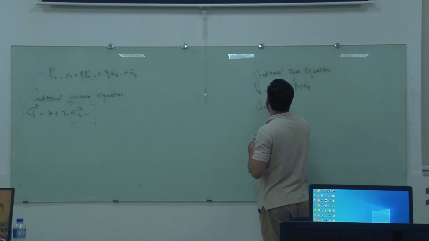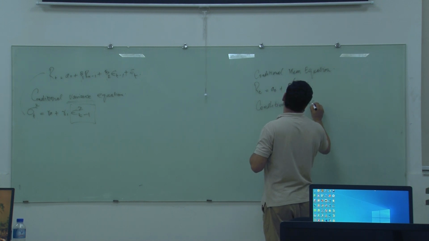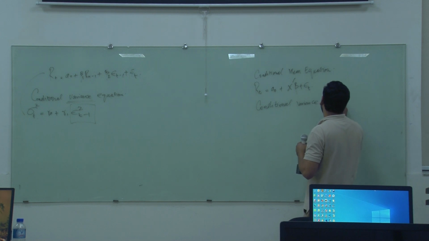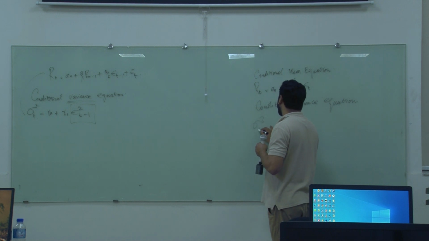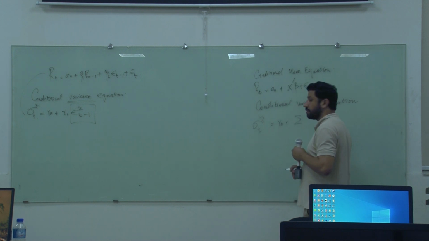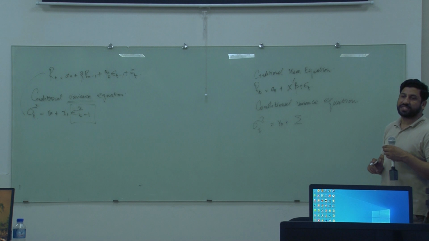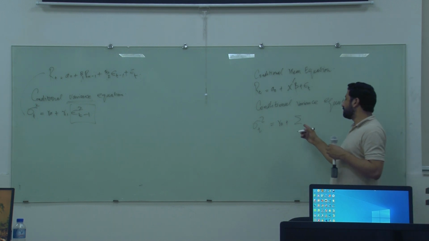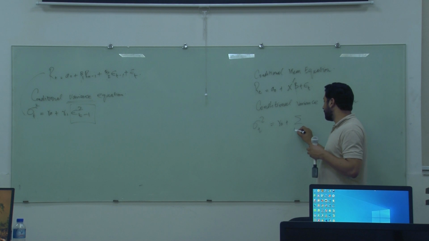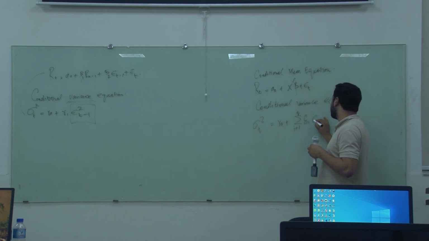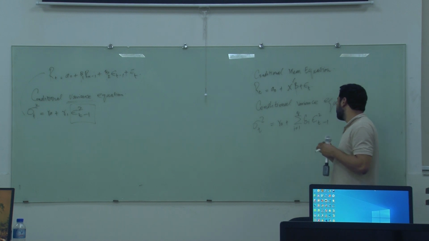Now the conditional variance equation is sigma square t = gamma naught plus the summation of the lag values, i from 1 to q, delta i times sigma square t minus i.